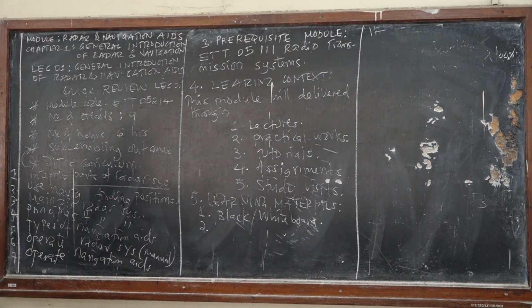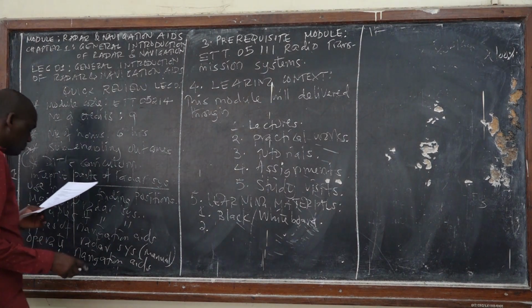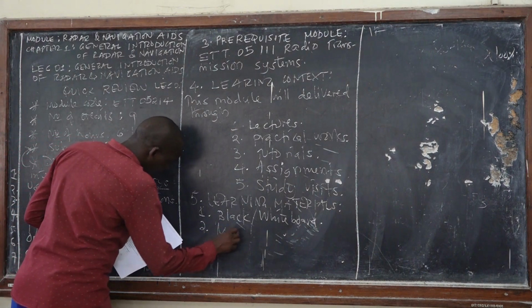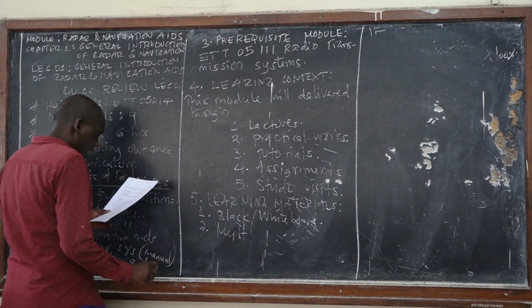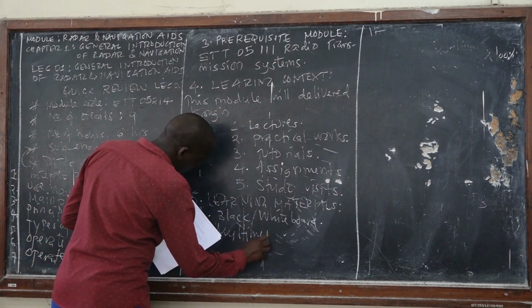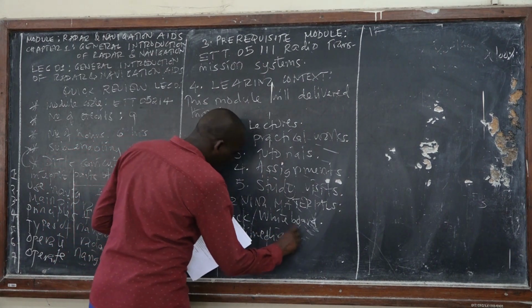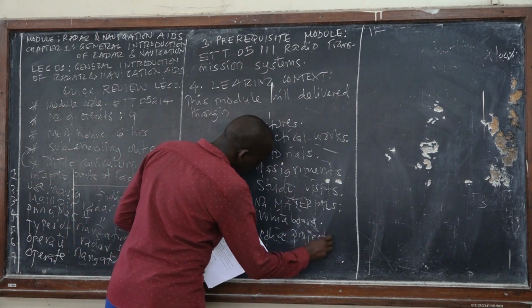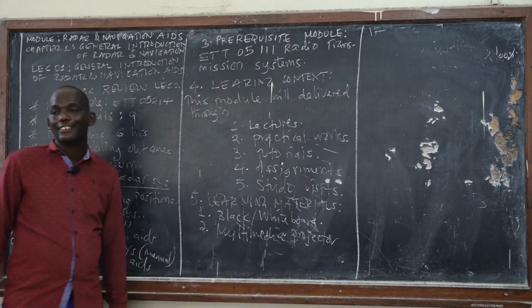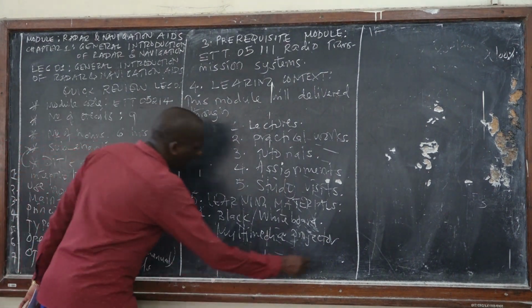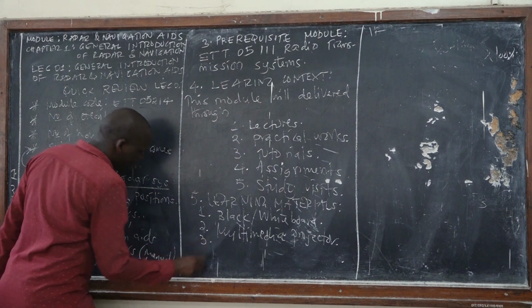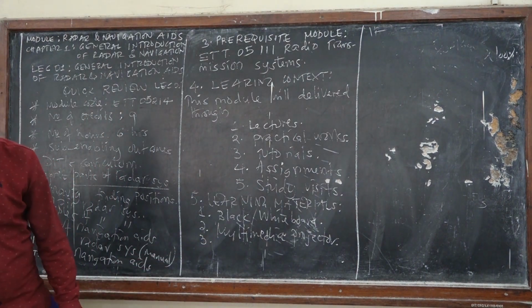The second learning material that we may use in order to learn this module is a multimedia projector. Do you know it? Ask your neighbor, do you know multimedia projector?